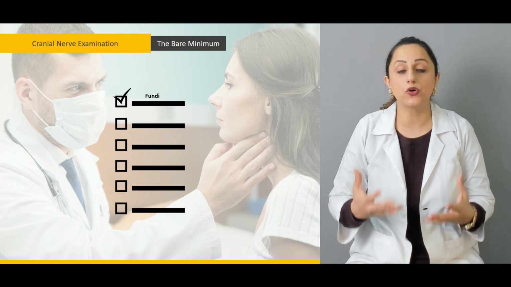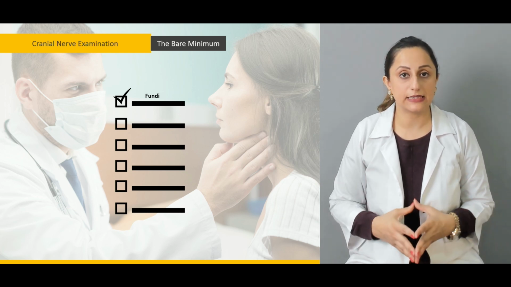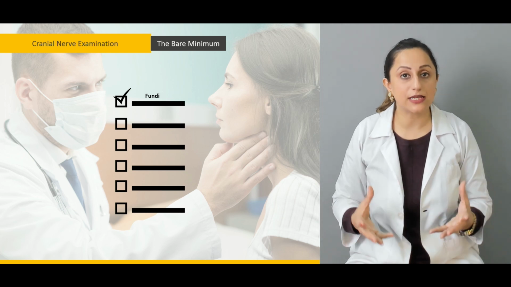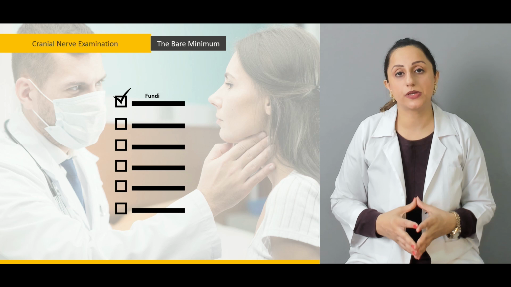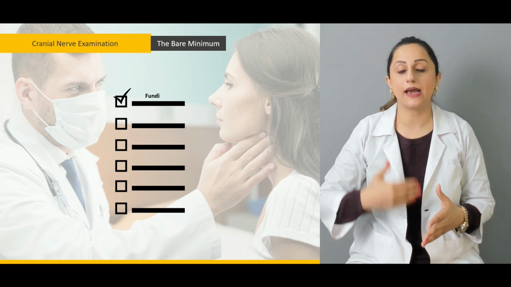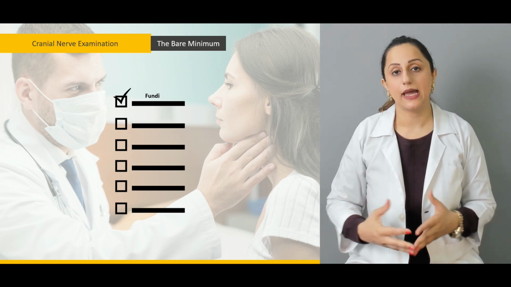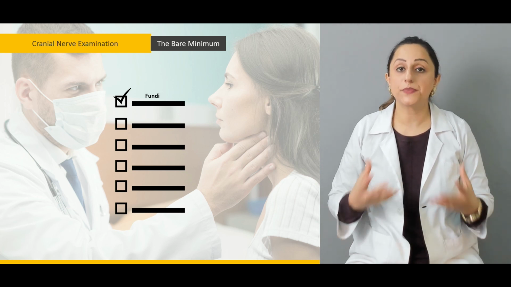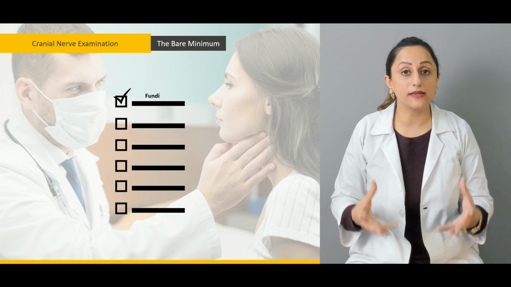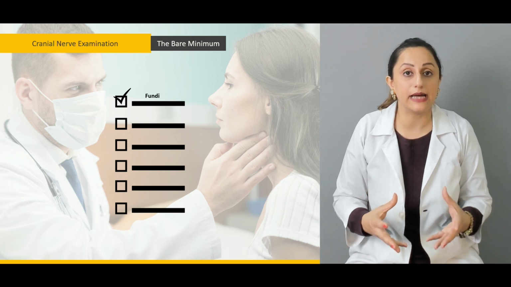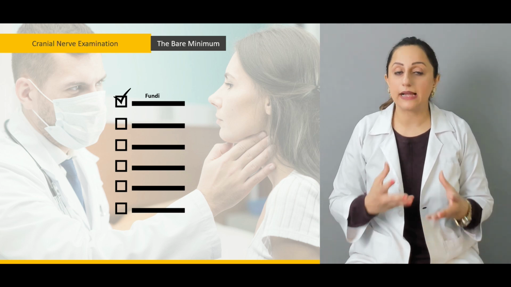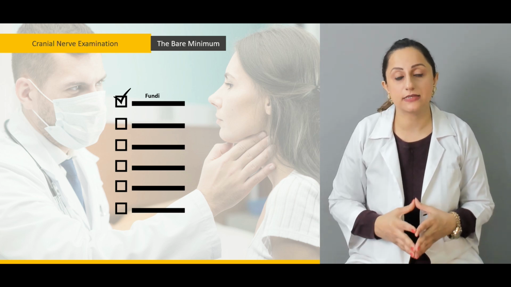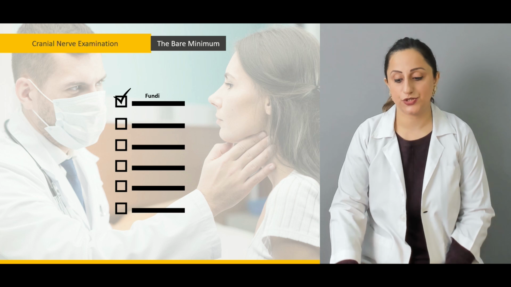A normal pallor of the optic disc and the retinal vasculature are all going to be assessed when you are looking at the retina of the individual and assessing for any maculopathies or optic neuropathies. If there is a pallor in the disc, or if there is papilledema noted at the level of the optic nerve, you're going to write all of these findings down in your documentation, of course.